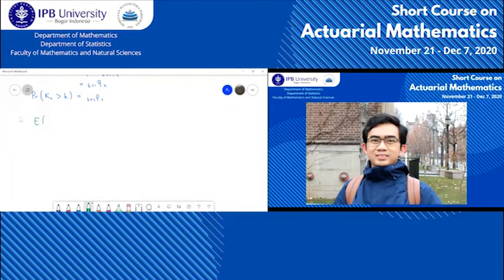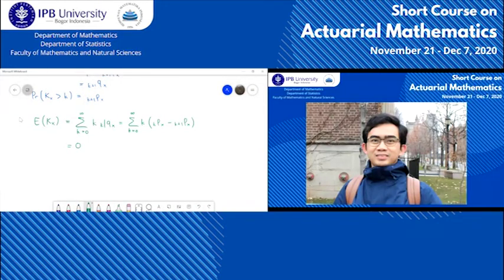So the expectation of Kx is the sigma from 0 to infinity of k times k bar qx. From one of the formulas of k bar qx, we can expand k bar qx as k px minus k plus 1 px, and we expand the sigma notation.